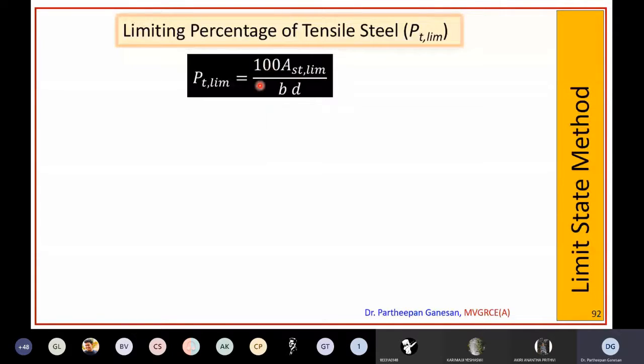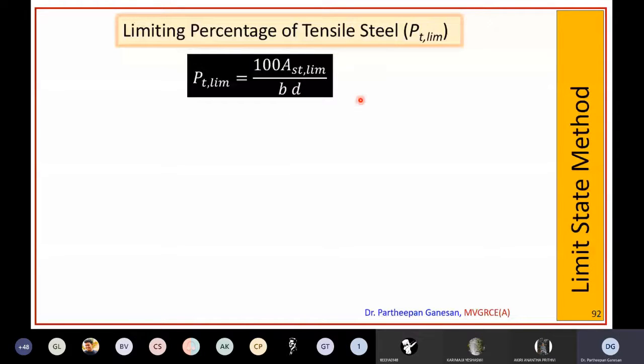So 100 AST limit divided by BD is called the limiting percentage of tensile steel. T is for tensile, L is for limit, and 100 is there because you are finding the percentage. This is the ratio of steel divided by concrete. Okay, that is the limiting percentage of tensile steel.